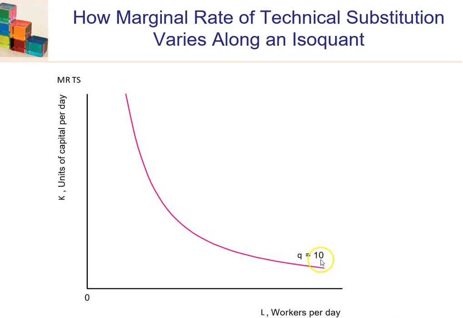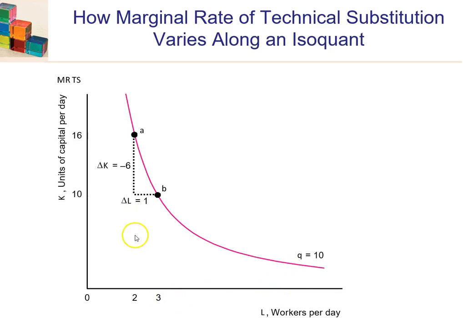So here are different ways you can get 10 units of output. Capital on the vertical, labor on the horizontal. And suppose you start out here at point A, and you move to point B. And moving to point B, what has happened? You have given up 6 machines. Well, you better get something in return to help you make your 10 units of output. And we're going to give you an additional worker, going from 2 to 3.